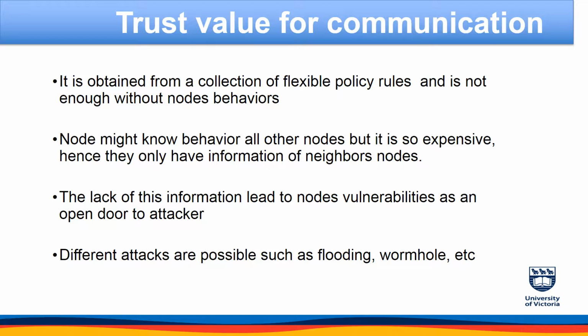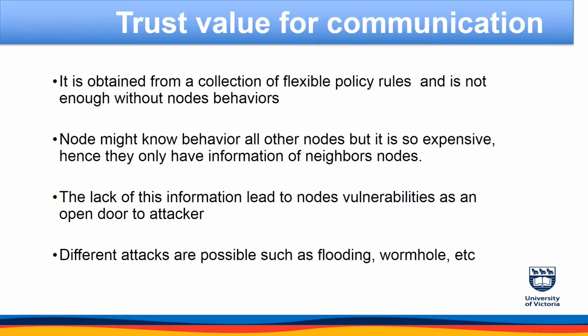That's why it's better to know the behavior of each and every node. However, it can be so expensive for every node to have information about other nodes, for example in terms of memory, energy, and so on.